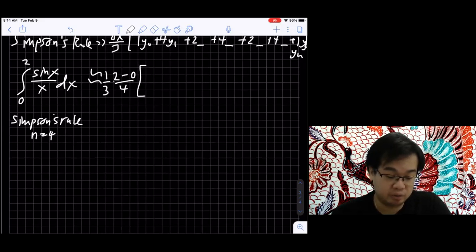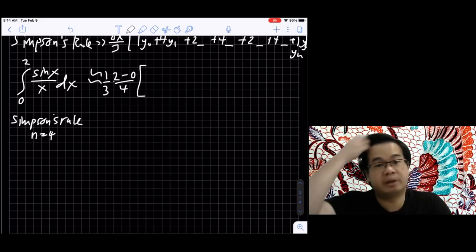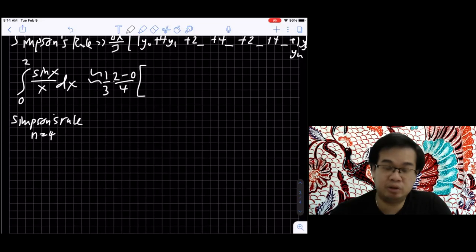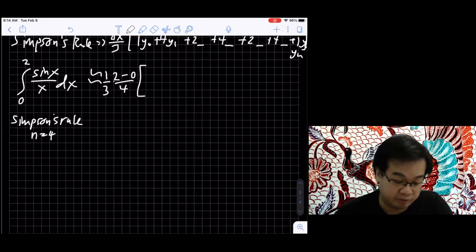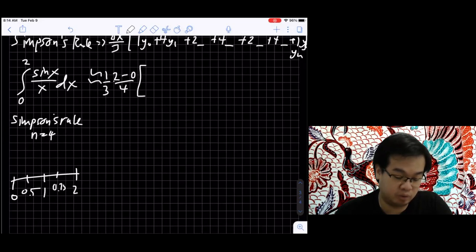And then we need to actually, yeah, I'll not make a table, but if there are a lot of methods that you need to do with one number, you need to create a table like the previous one. So basically, if n equals 4, from 0 until 2, then basically it's 0.5, 1, 1.5.